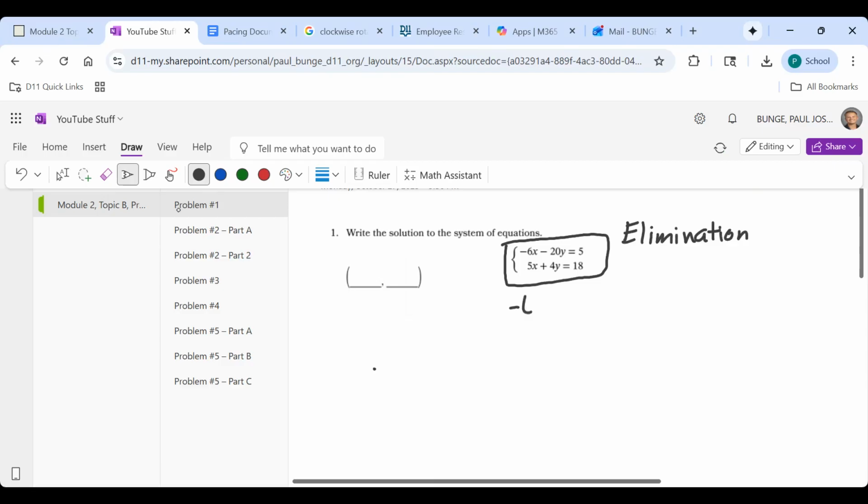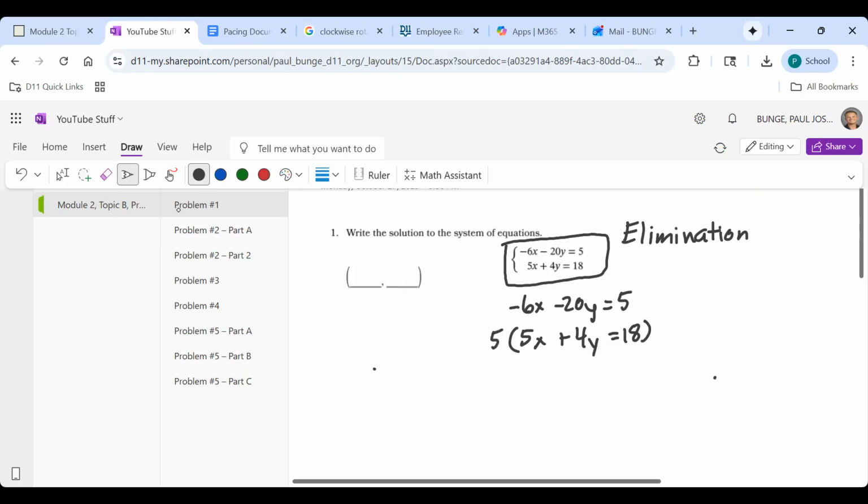So in class, if you were here, what we did is we wrote out both linear equations in our system. 5x plus 4y equals 18. And in order to get this to be able to eliminate our negative 20y, we got to make this a positive 20y. So in order to do that, I got to multiply this entire equation by 5.